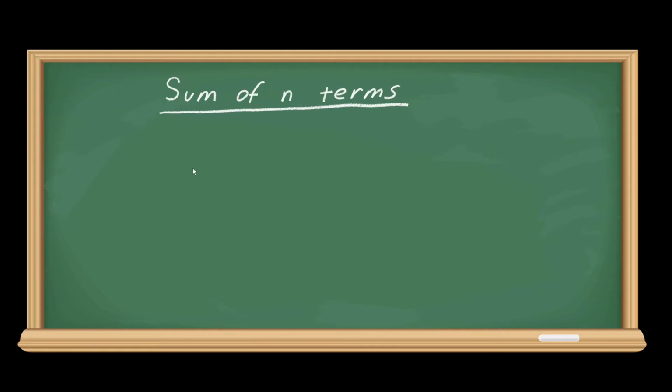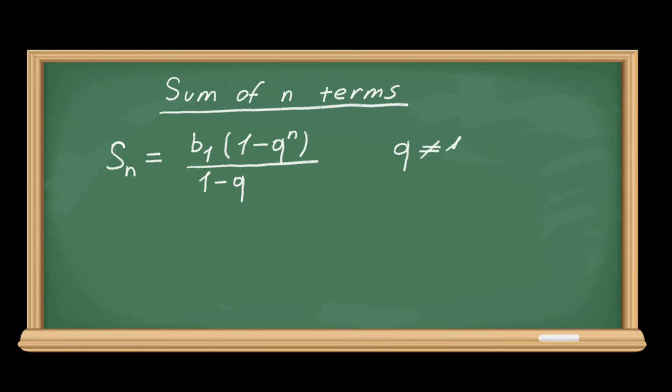Now let's talk about how we can find the sum of the first n terms in the sequence. The formula for the sum is b1 multiplied by the difference of 1 minus q to the power of n, divided by the difference of 1 minus q. So we use this formula whenever q doesn't equal 1.